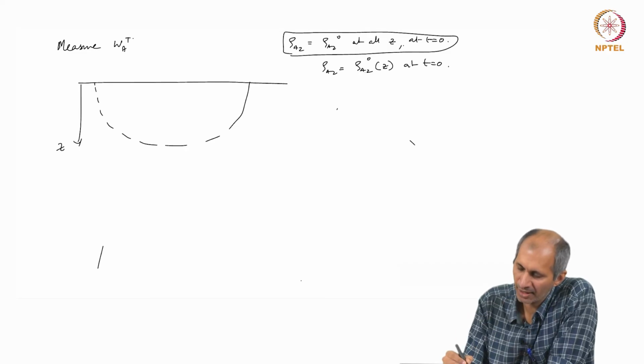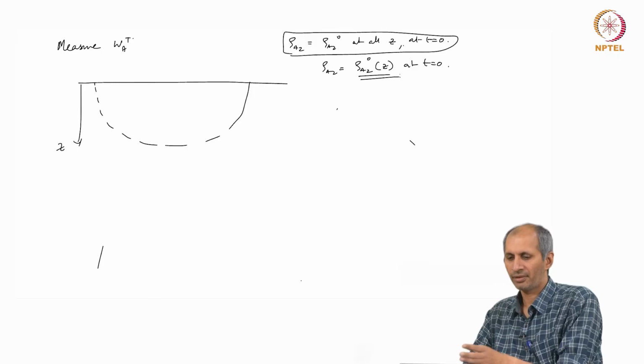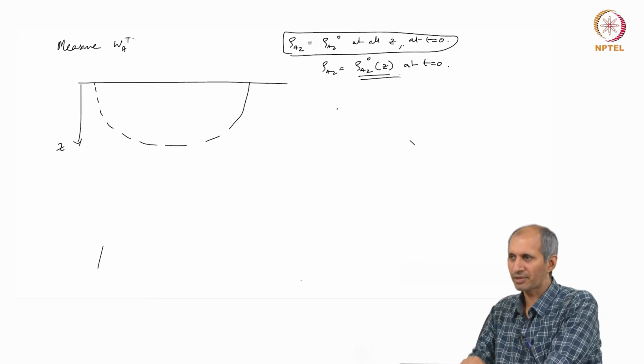How do you get this data? We are getting rho A2 0 from WAT, which is a measured value.